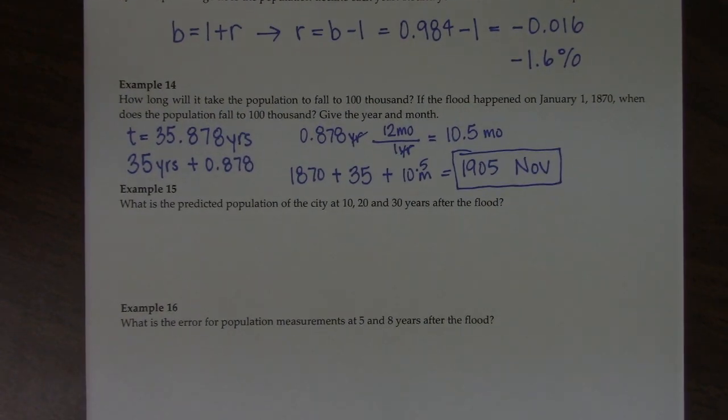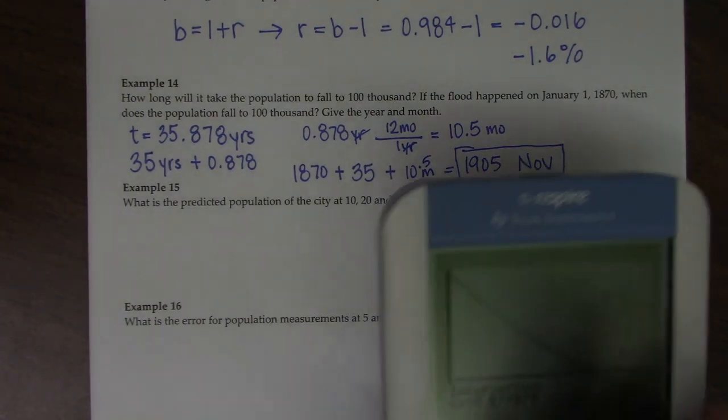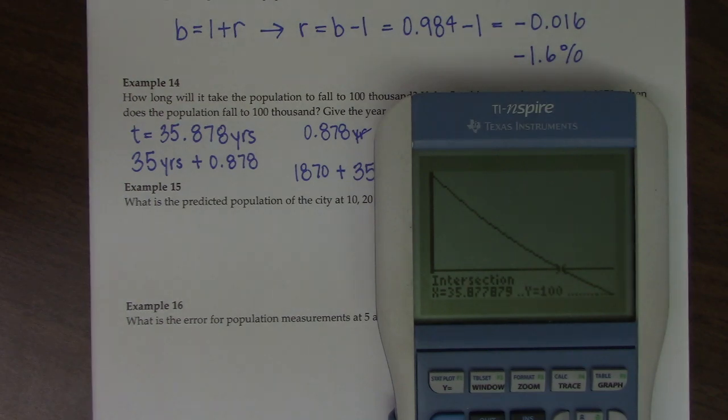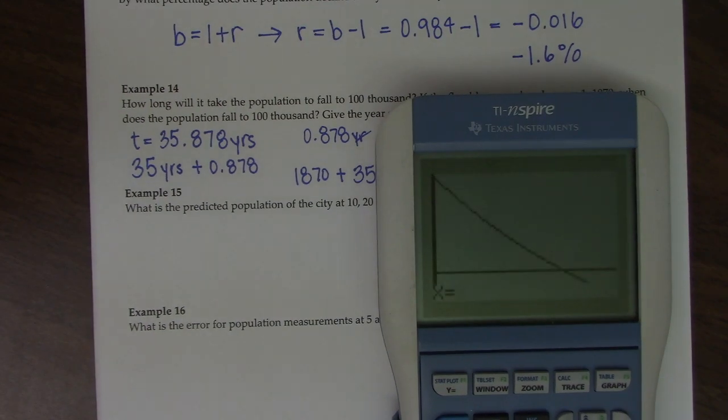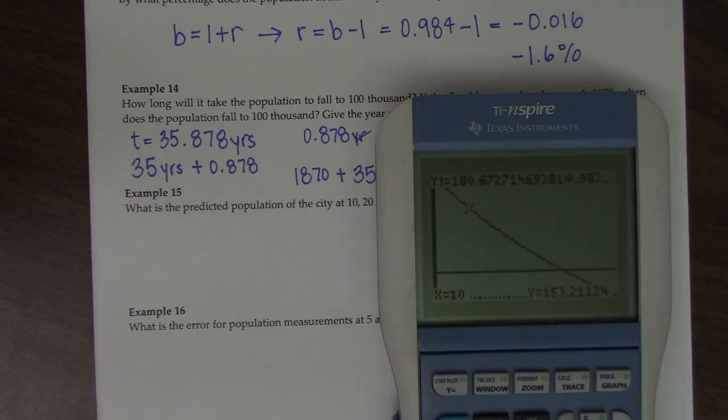What is the predicted population of the city at 10, 20, and 30 years? So if we go back to our calculator, since our X scale was 0 to 50 years, all of these numbers are where we need them to be. All I need to do to get this very quickly is go to second calc, value, and enter 10 years. If you look at the top, it tells you it plugged it into Y1. If your calculator says Y2, you can scroll with the up-down arrows and it will plug it into each line.